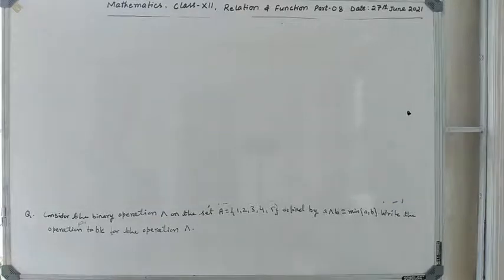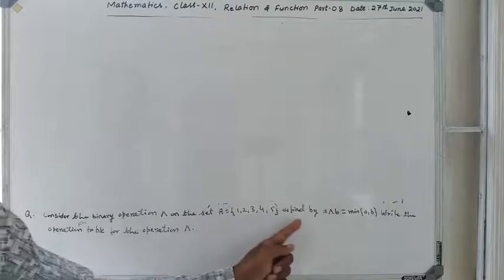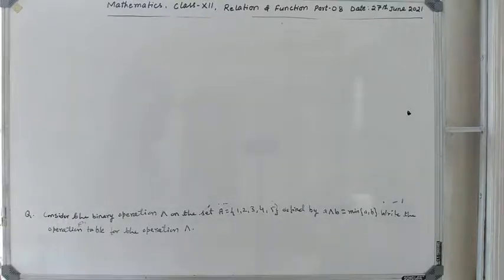Your question is: consider the binary operation on the set A defined by minimum of A, B. Write the operation table for this operation.